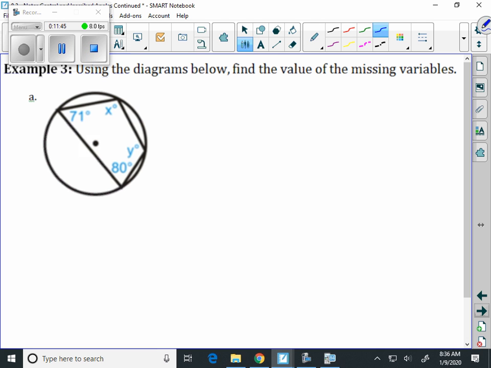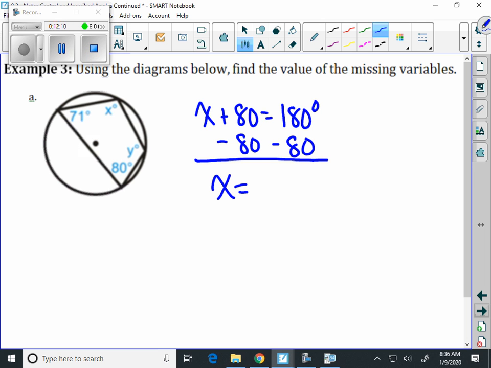And our rule says that opposite angles inscribed in a quadrilateral are supplementary. So that means that x plus 80 equals 180. Supplementary means adds to be 180 degrees. And maybe you don't even need to do this math here. So what we end up with is that x is 100 degrees.